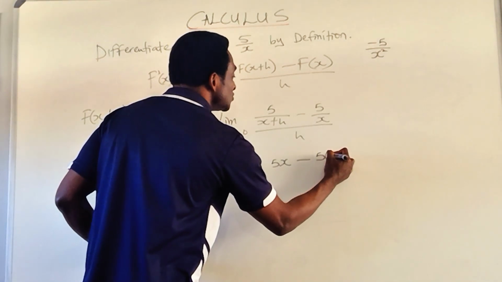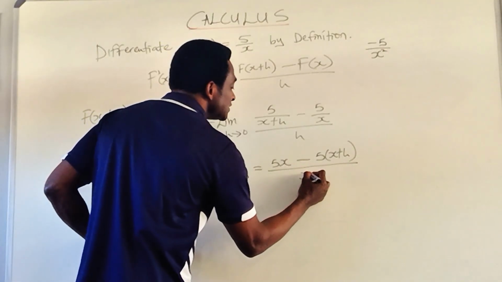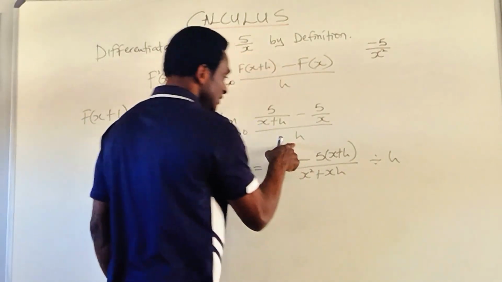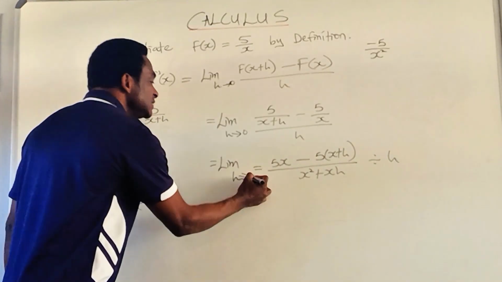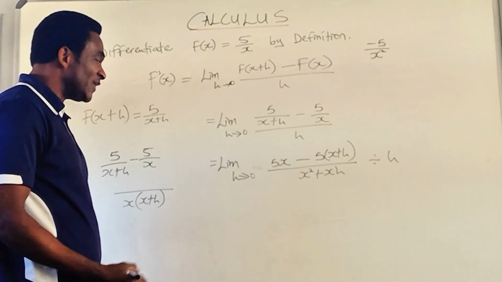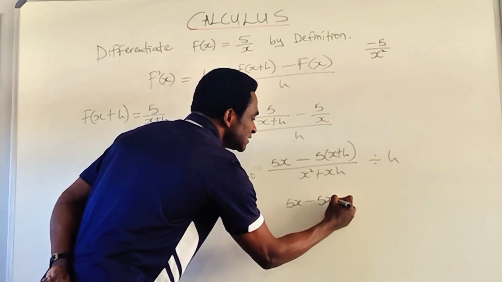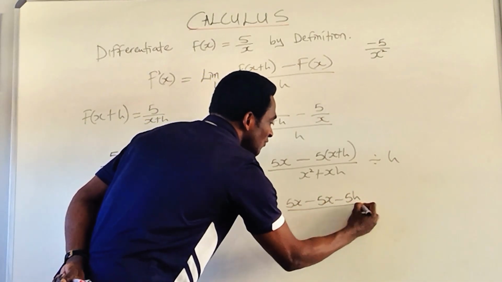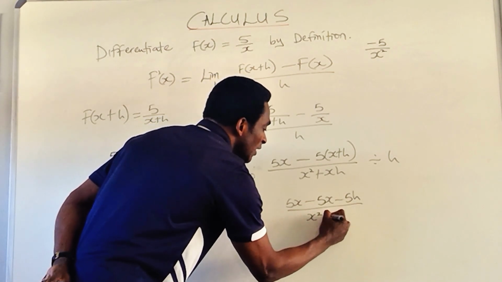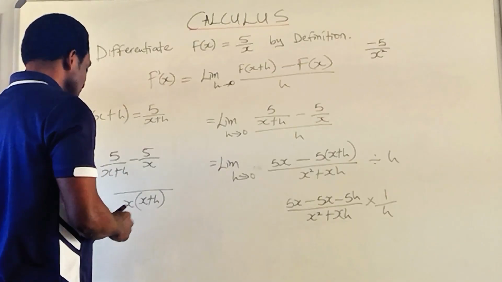So we have 5 into x plus h, and our denominator is x squared plus xh, and that is the limit of that function as h tends to 0. So let's simplify. This will give us 5x minus 5x minus 5h all over x squared plus xh, times 1 over h. Let's complete this here.